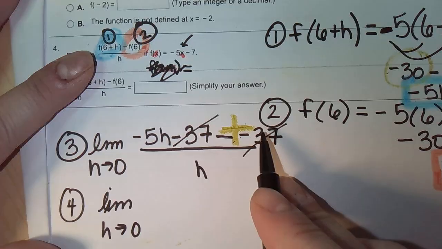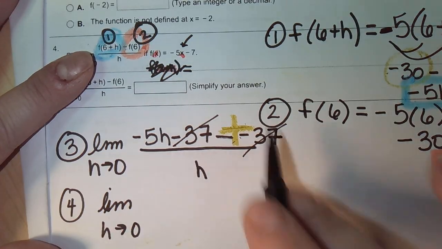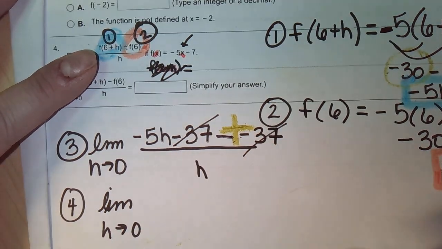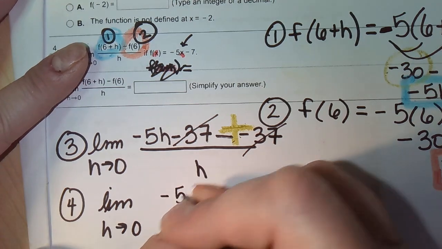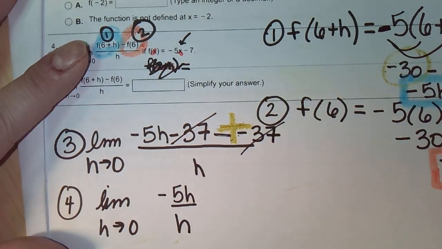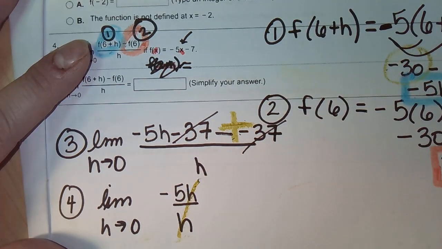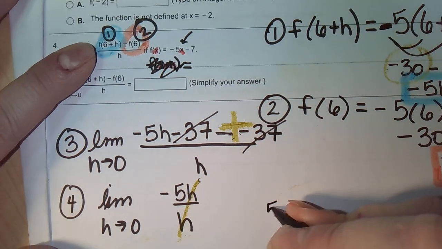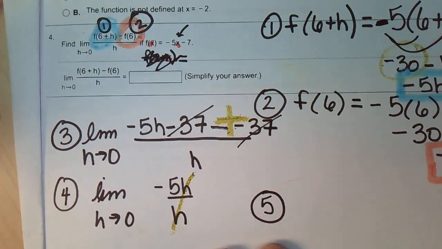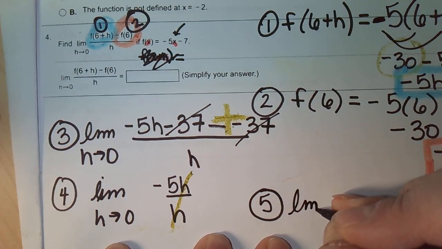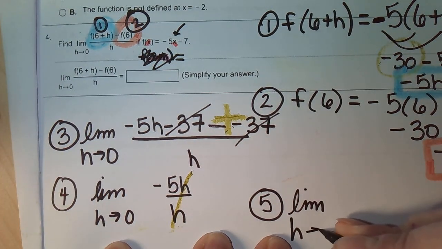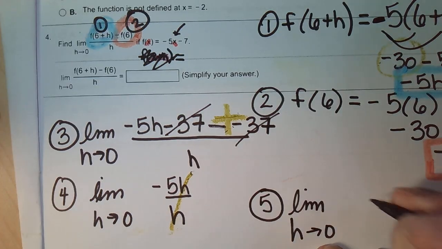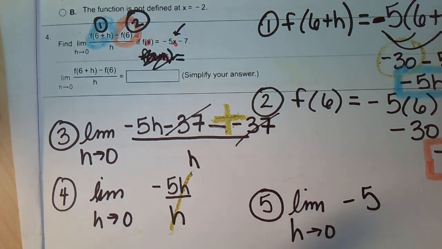We already canceled the 37s, and they better cancel. And then we have negative 5h over h. Well, what happens here? The h's cancel. So I just have limit as h approaches 0 of negative 5.